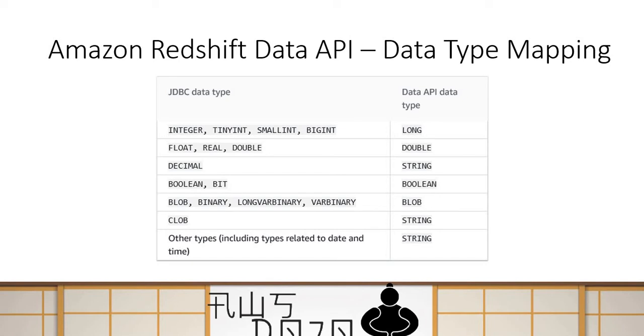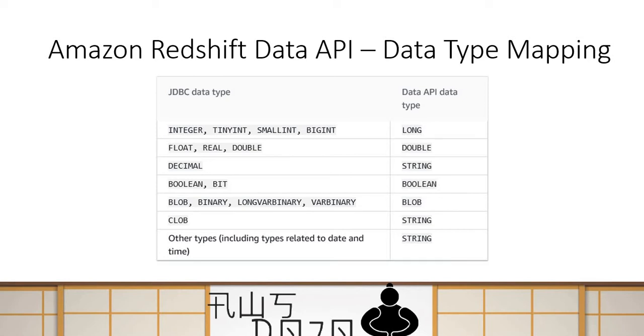This table shows how your JDBC data types map to your API data types. For instance, decimal becomes string, boolean and bit become boolean, clob becomes string, integer, tiny integer, small integer, big integer become long, things like that.